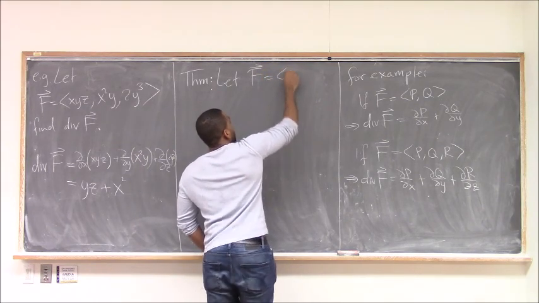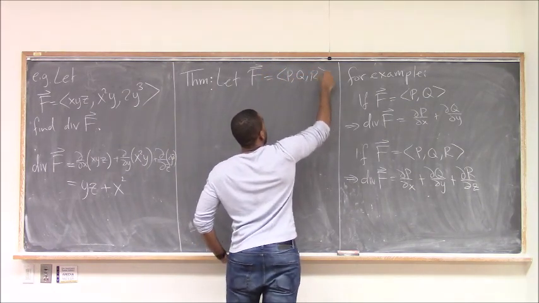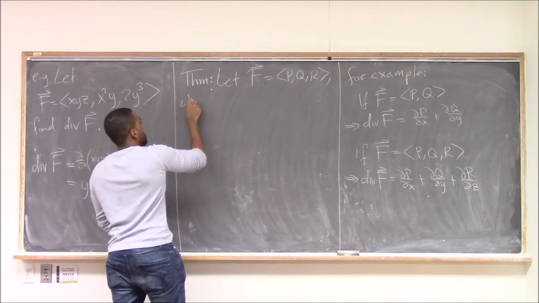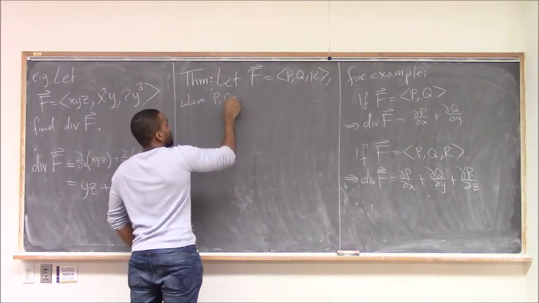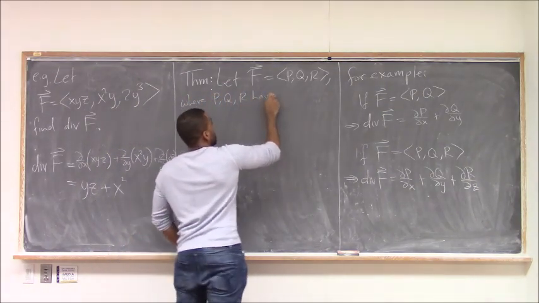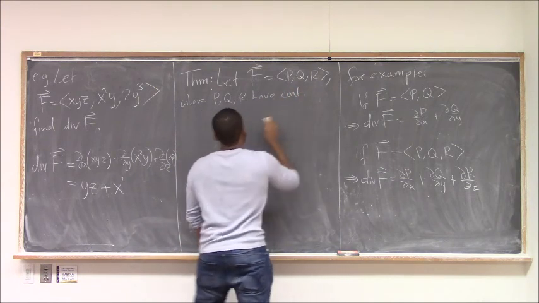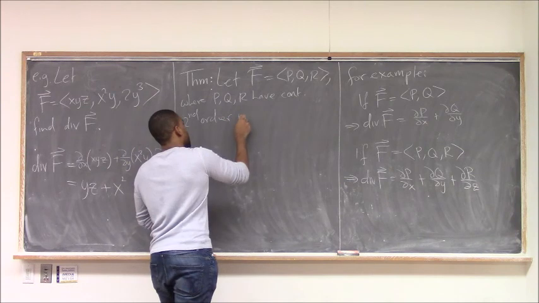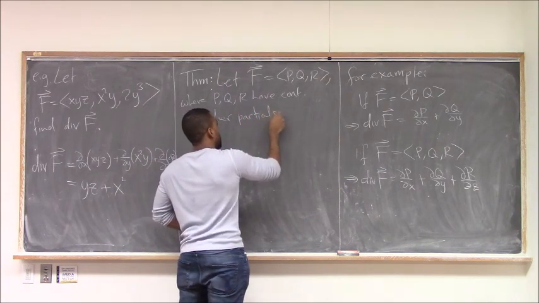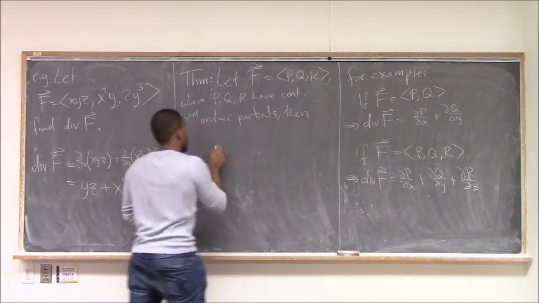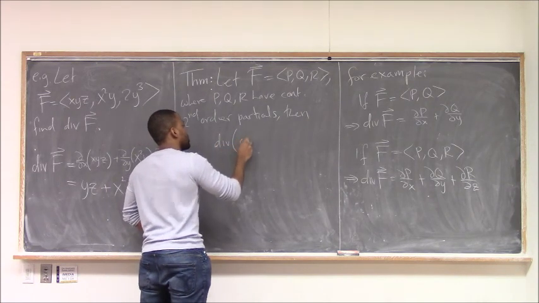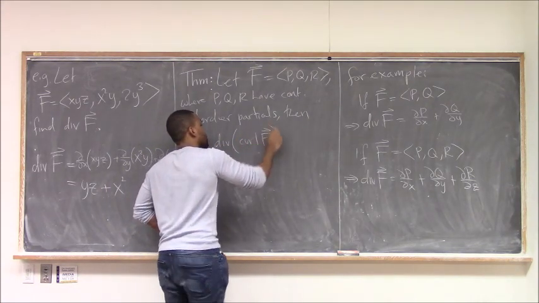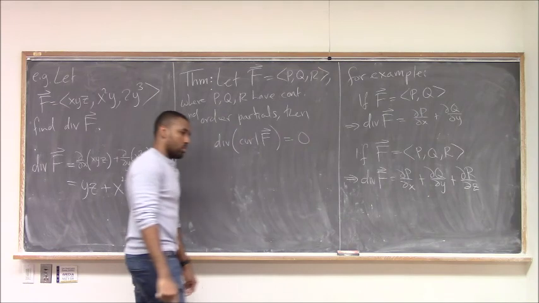Where F equals PQR, and PQR have continuous second order partials, then the divergence of a curl is always 0.